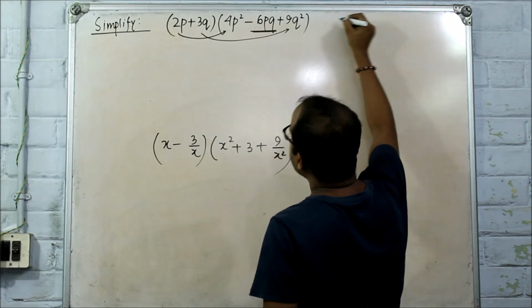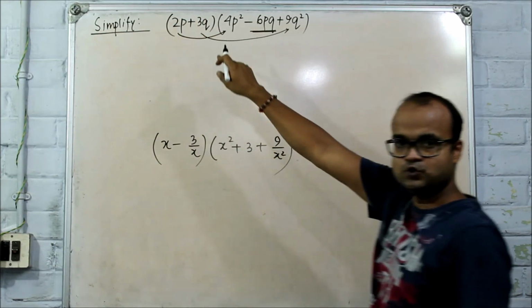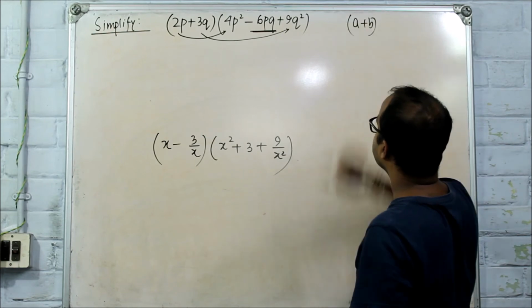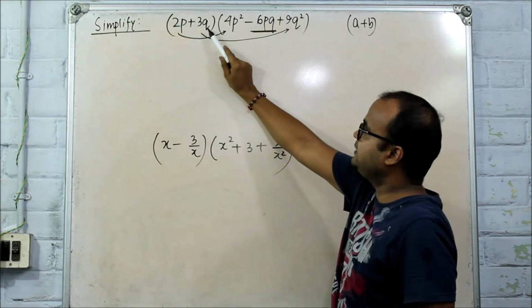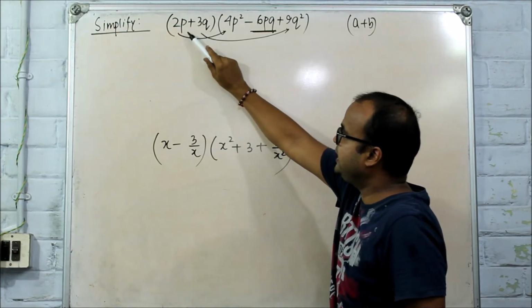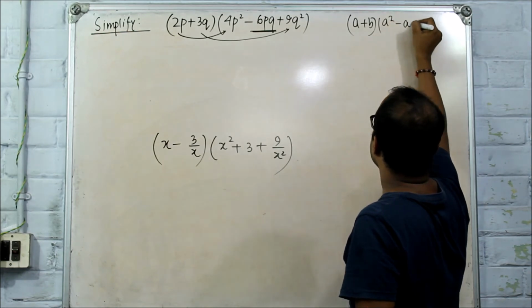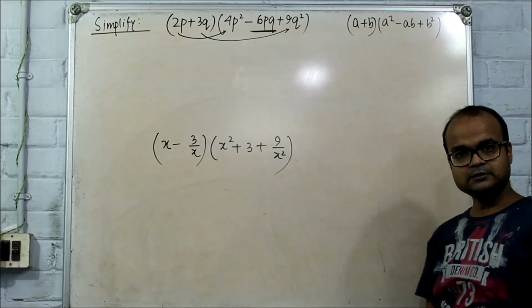That means if you consider 2p as a and 3q as b, we'll get a plus b. I am considering 2p as a and 3q as b. So a plus b, then a square minus ab plus b square. Clear?